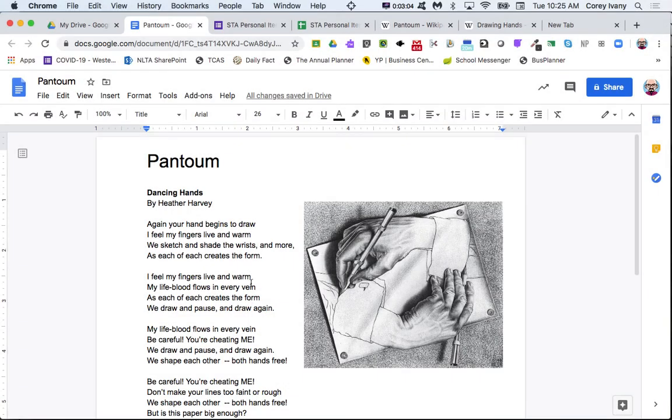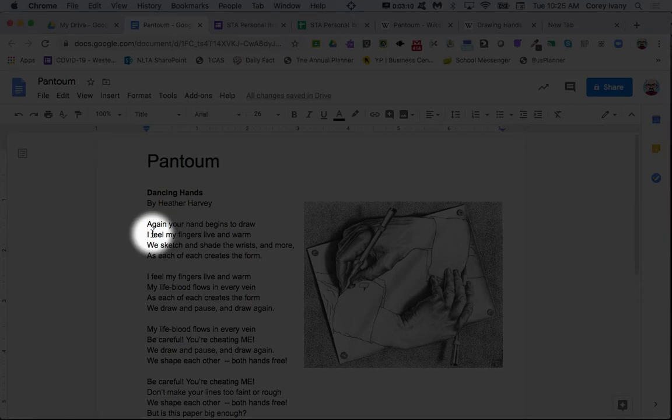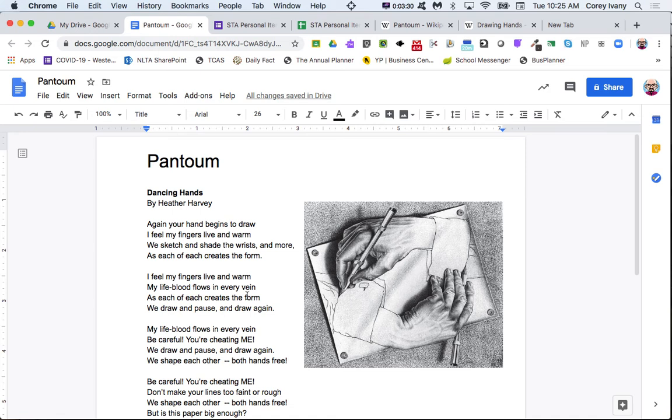So we've got the rhyme scheme A, B, but if you were very attentive, you would have noticed that the second line of the first stanza, I feel my fingers live and warm, becomes the first line of the second stanza, I feel my fingers live and warm. And the fourth line, as each of each creates the form, becomes the third line of the next stanza, as each of each creates the form. And that pattern continues throughout the poem until the last stanza.